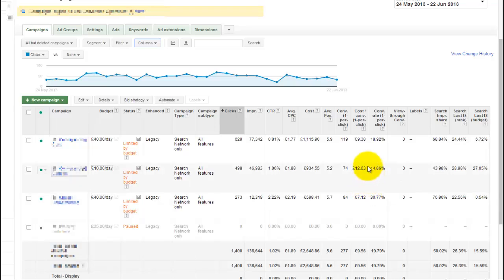The campaign with the lowest impression share has the highest cost per conversion. So we would always say, I mean, there are multiple reasons why this might be, but we would always recommend that you try and keep your budget high enough to buy all of the traffic that is searching for what you do.